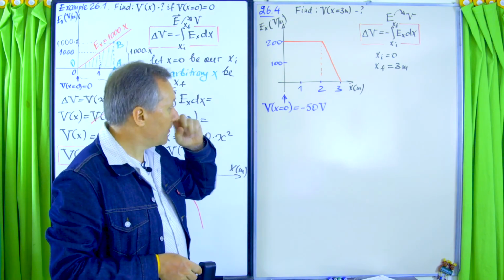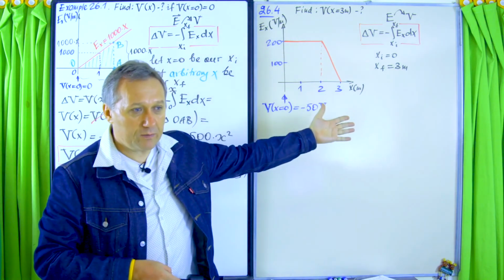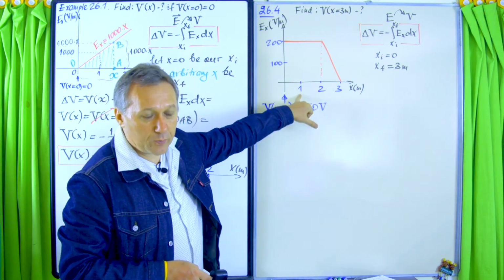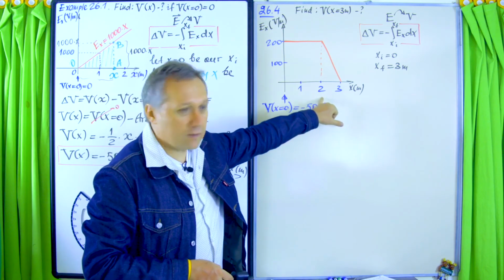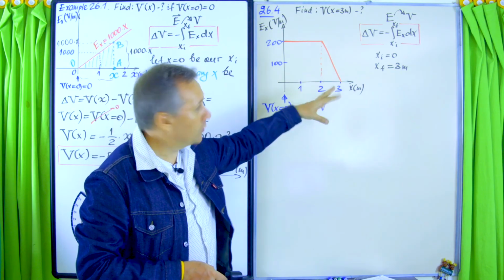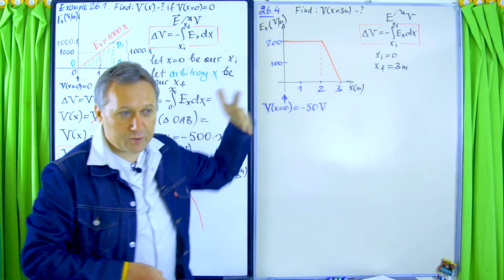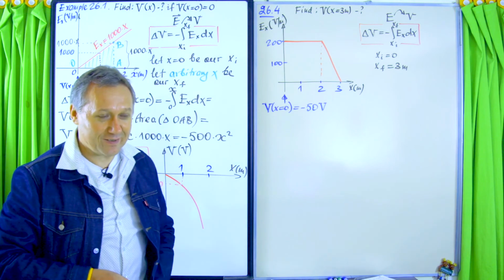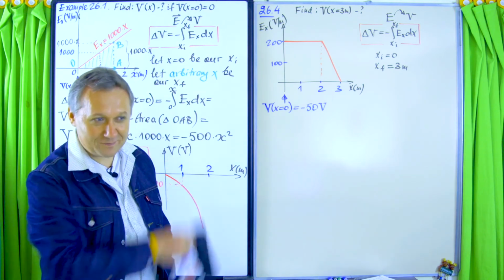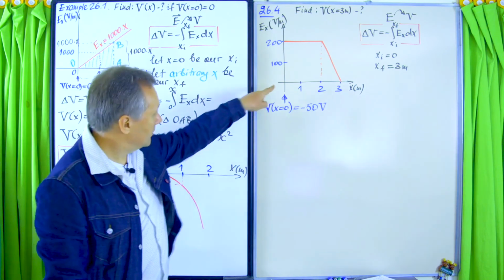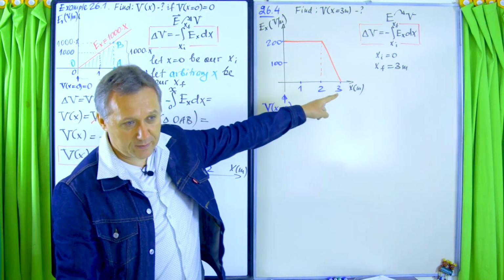I can say, let's say the value of the potential at this point is given, and you need to find the value of the potential, for example, at this point. And in this case, of course, you'll have to find the area of the smaller part of this picture. Right? But in this case, this is the initial point, and that is our final point.